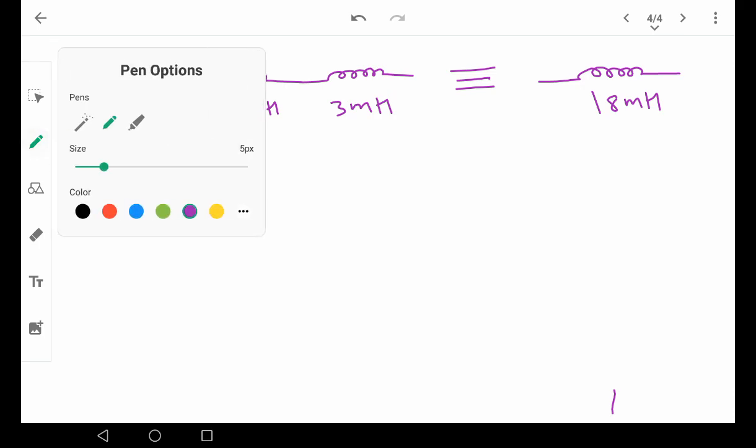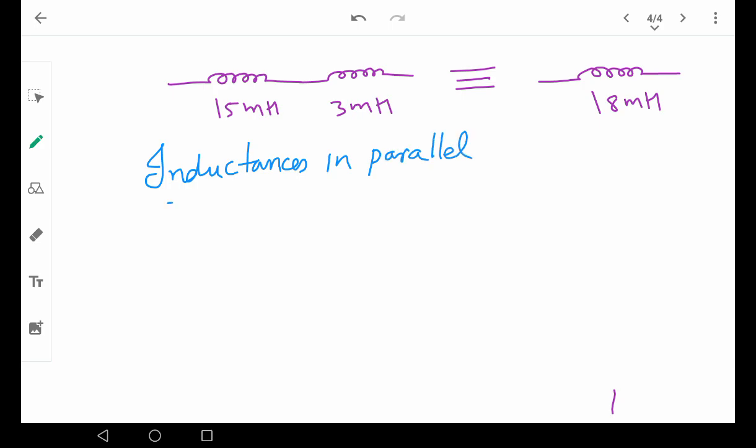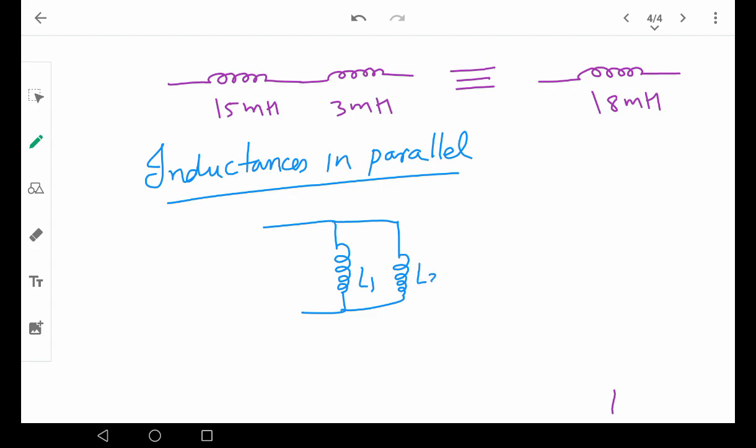And if you go for inductances in parallel, you can see that you have many inductances, L1, L2, like that.